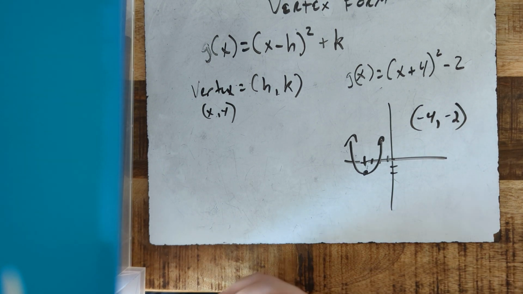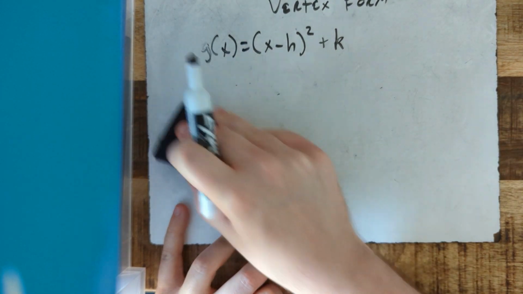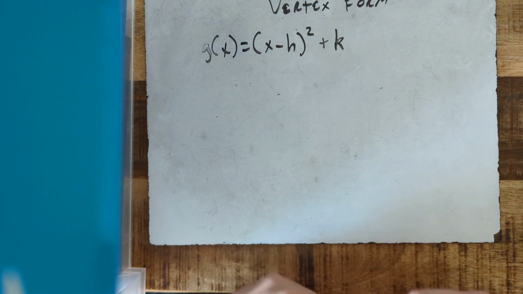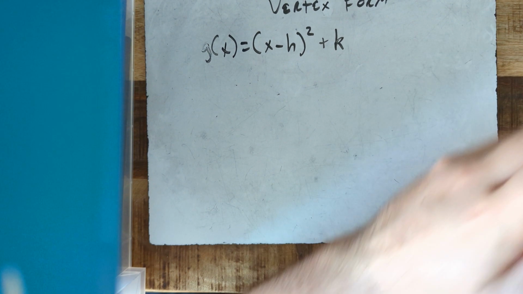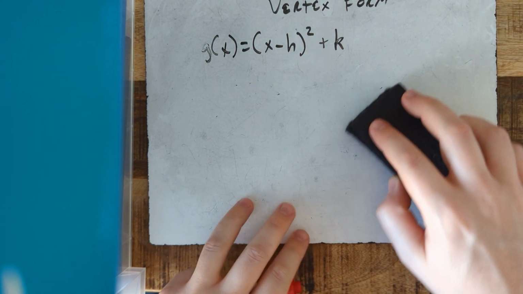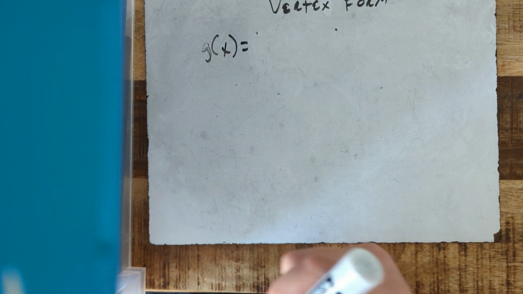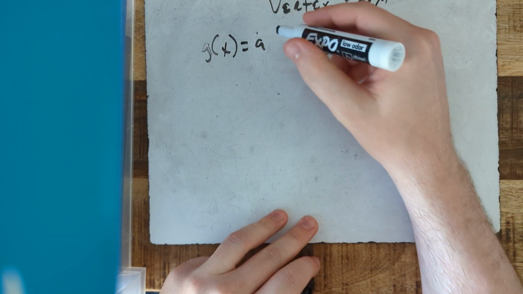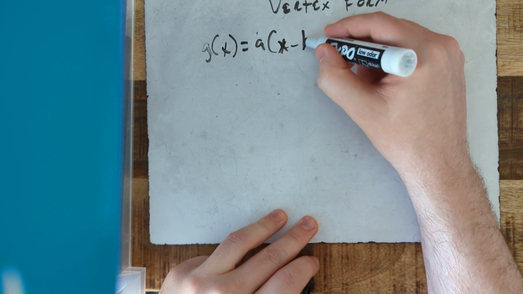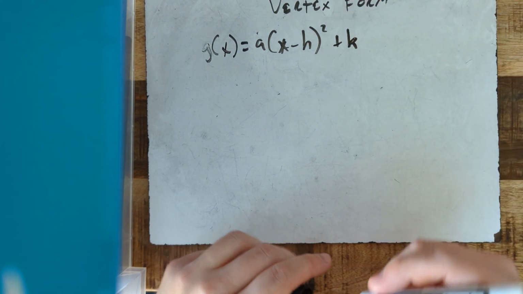So, quick recap of everything on vertex form. There's our vertex form formula. Actually, let me rewrite this with an a in front, because that's also a very important part: a times (x minus h) squared plus k.